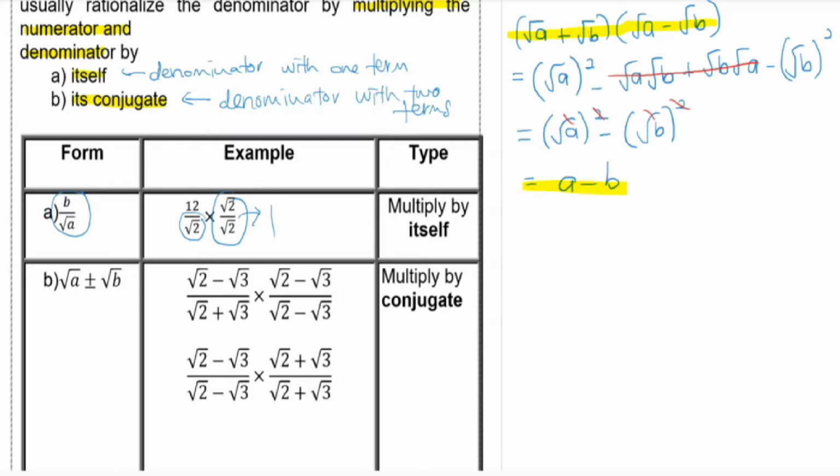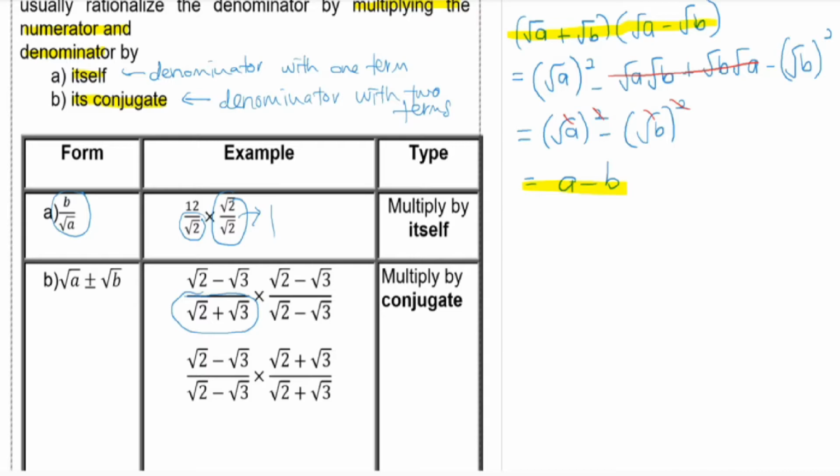The next one, we will look at the example we have in the form of √A plus or minus √B. So we have here (√2 minus √3) over (√2 plus √3). The denominator we have here is in two terms and it is an irrational denominator.